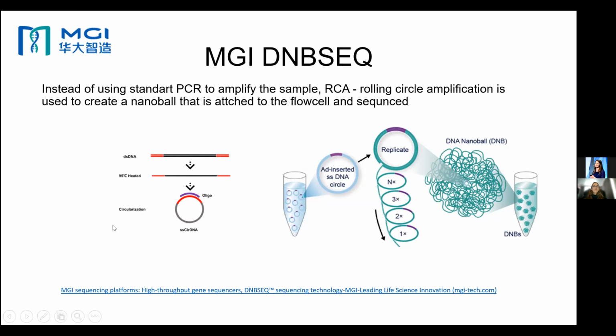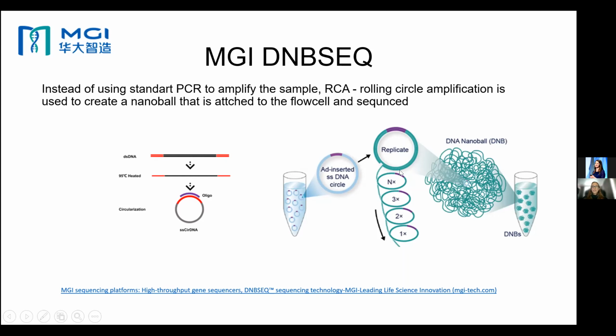After that, we need to amplify the circular molecule during the DNB making process, and DNB stands for DNA nanoball. The DNA nanoball is generated through this rolling circle amplification step. During this step, a high fidelity polymerase is used and it's basically amplifying the initial circular molecule multiple times.